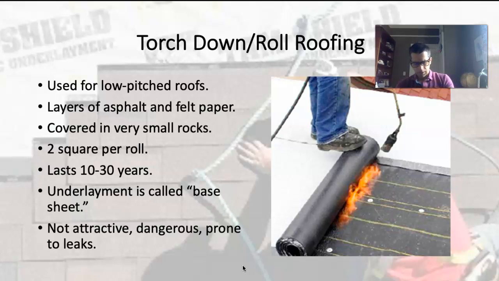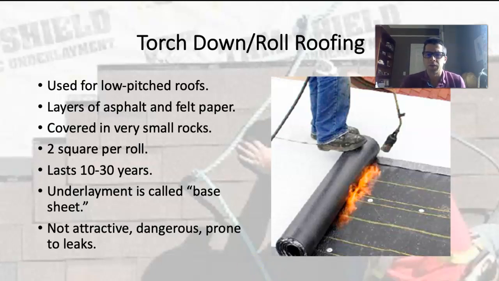So these materials are similar to the felt paper I was talking about, where it's layers of paper and tar and paper and tar and paper and tar with rocks on the top to give the material some UV protection.